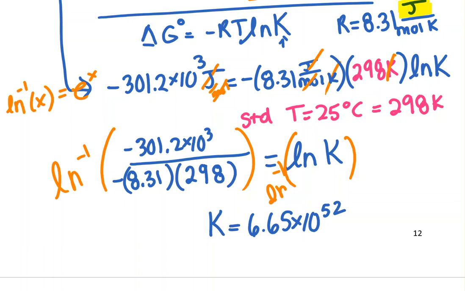Let's look at sig figs real quickly. Technically, oh, I didn't show that step. Let's just put it in here. So this is the number that I actually took the inverse log of once I put all that in. It really only has 3 sig figs.